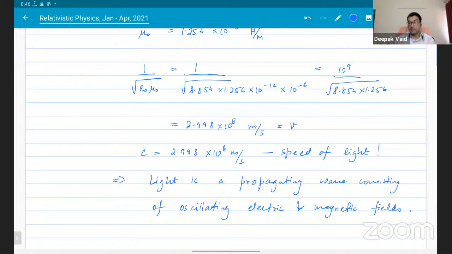This is what Maxwell's equations tell us.